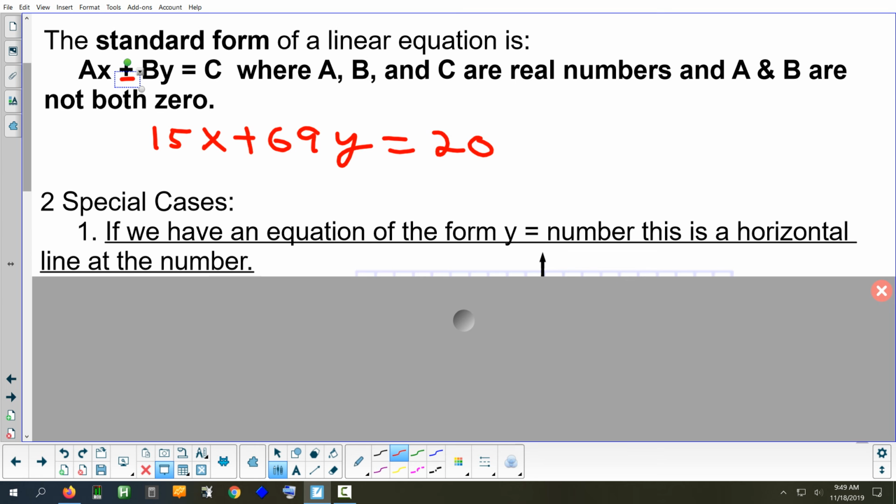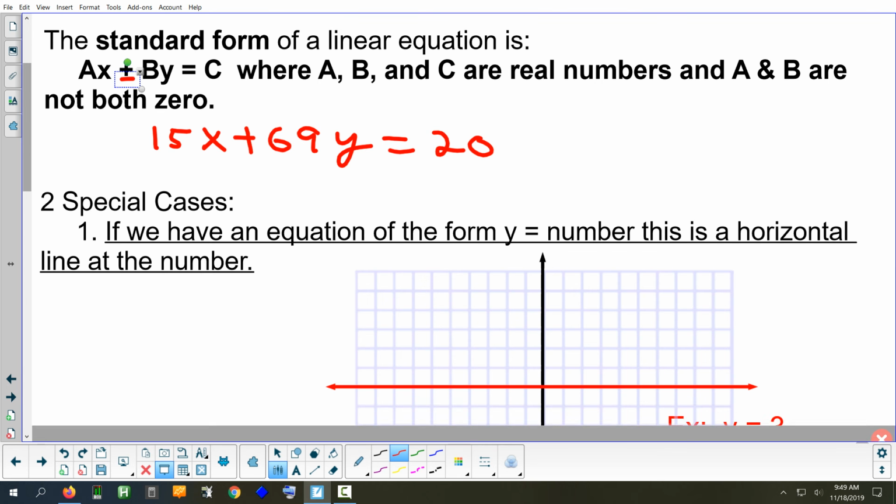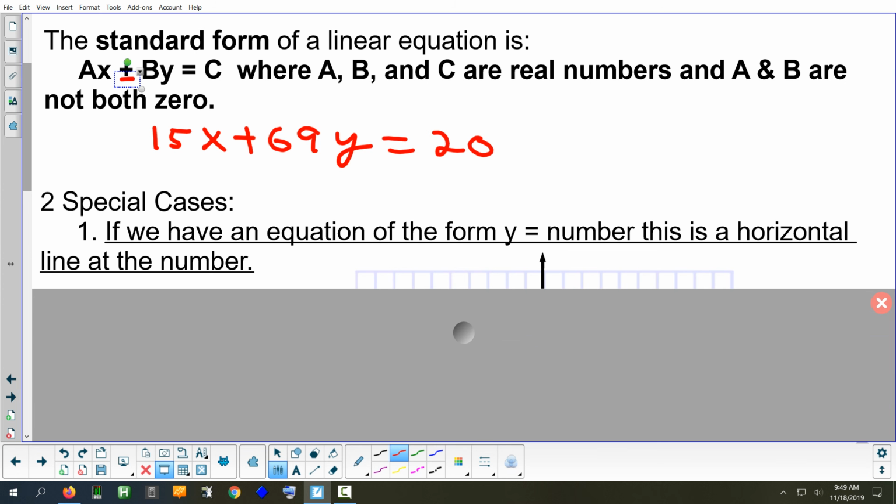If you have an equation of the form y equals a number, y equals 2, y equals 5, the point is there's no x. That is a horizontal line. I'm going to show you guys an example with a picture.